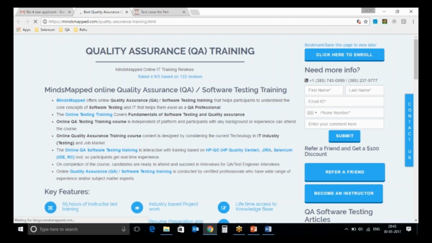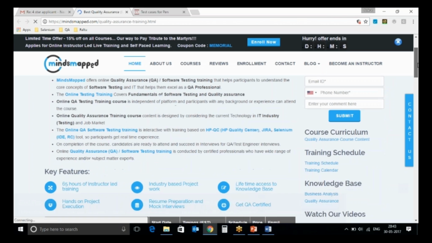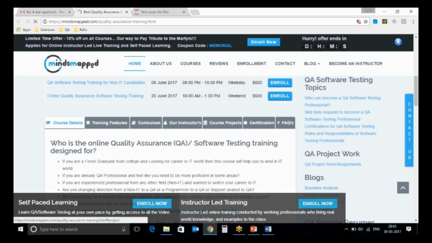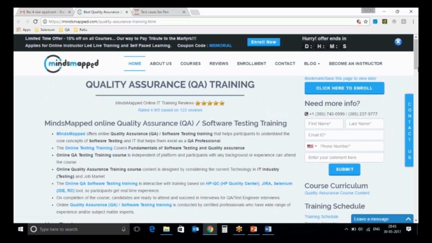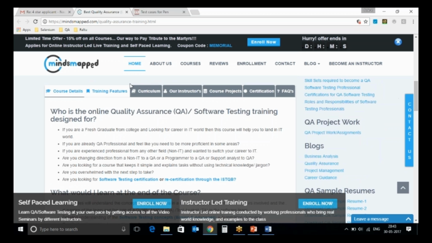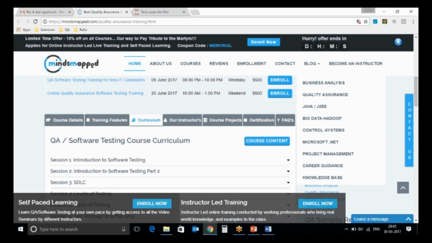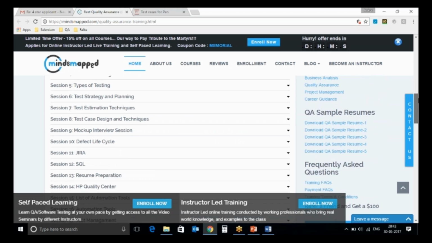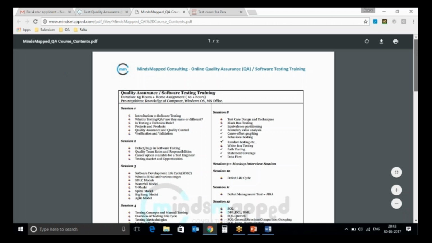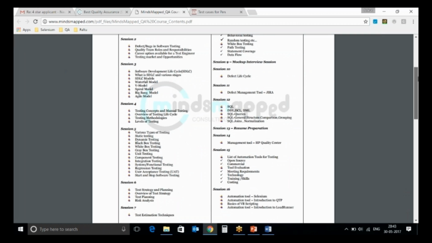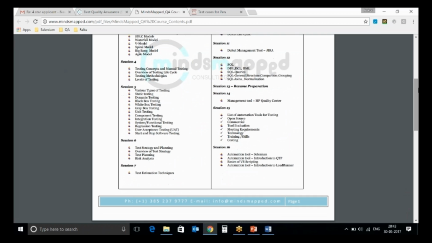So what I was talking about was that this is the course curriculum. I'll be able to show you what exactly we'll be covering in automation testing. But in practical, are you going to install QTP and all of that?